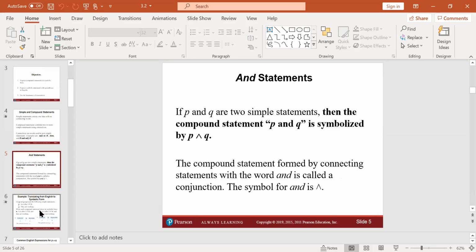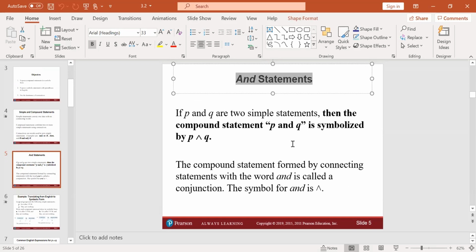I would agree. Okay, so we're going to start off with and statements. Now, when you use the word and in English, that word makes you think that you are growing something, that you are allowing more and more things in, and thus it's inclusive.